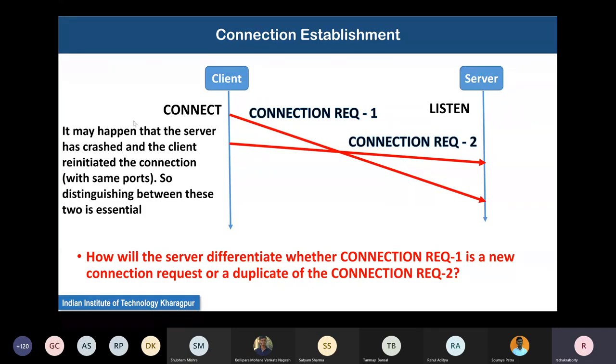So basically the client was expecting that within 60 seconds it will be delivered to the server. So it gave twice the time: 60 seconds for this side and 60 seconds back to itself, total 120 seconds. Within 120 seconds, it did not receive any acknowledgement, so it resent the second connection request.